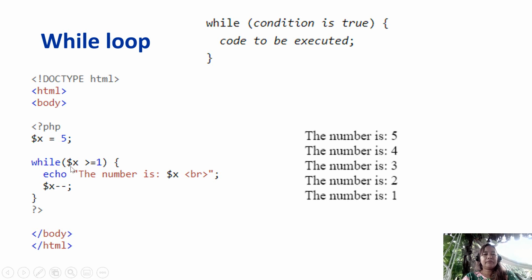So you have to ensure that you're making changes to the value of your variable so that it will come to an end in one way or another. Here, the value of x is 5, and then you check: is the value of x, which is 5, greater than or equal to 1?